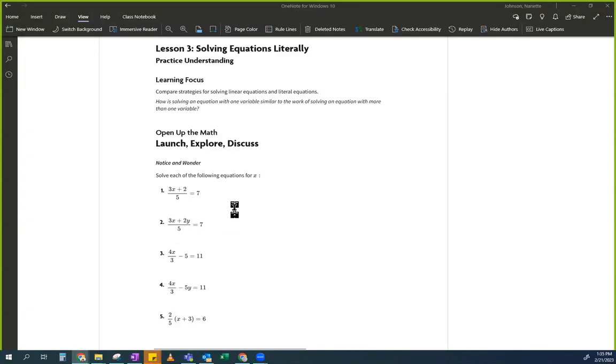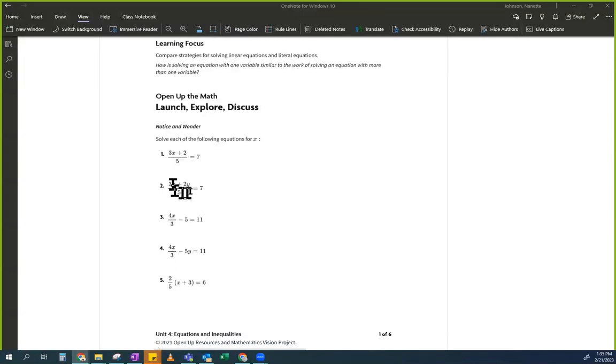Okay, so you all were trying this, so I'm going to do numbers 3 and 4, and your job is to compare the steps of number 3 to the steps of number 4 and see if that makes sense. Okay, here we go. What would I do as my first step for number 3?